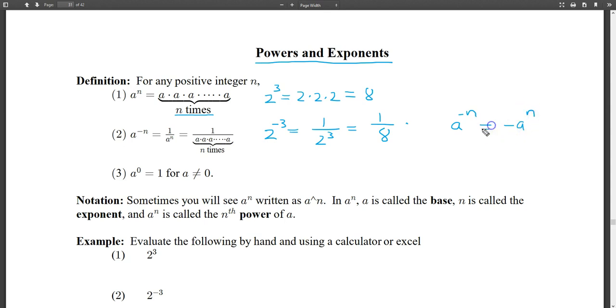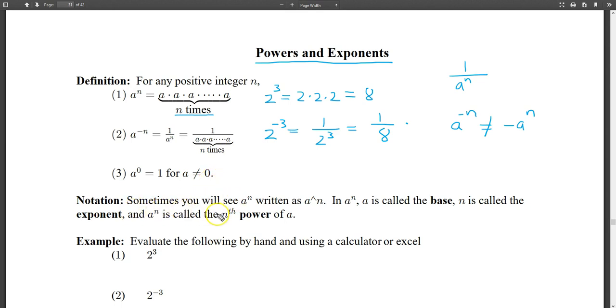These are not the same. When the negative is in the exponent, it means you take 1 divided by a to the nth power. We also define a to the 0 power to be 1, for a being a non-zero number.